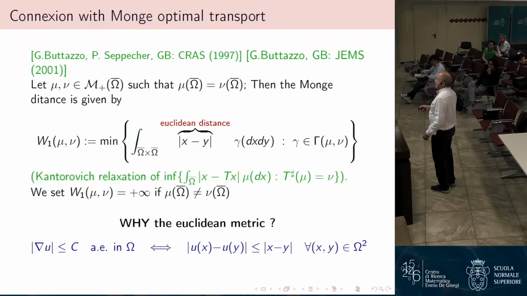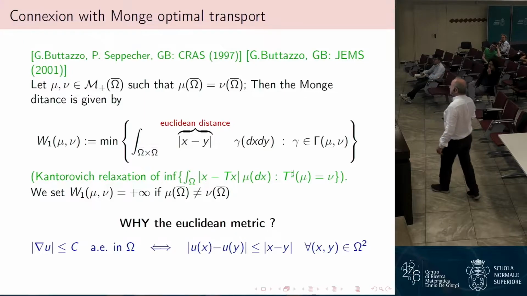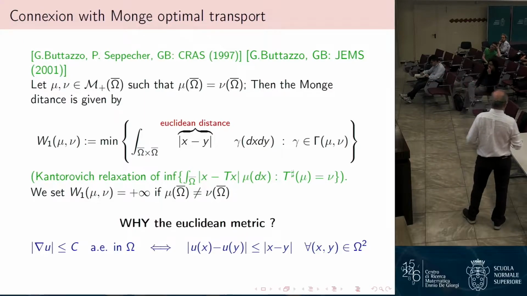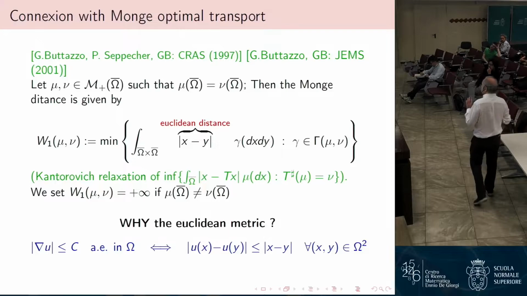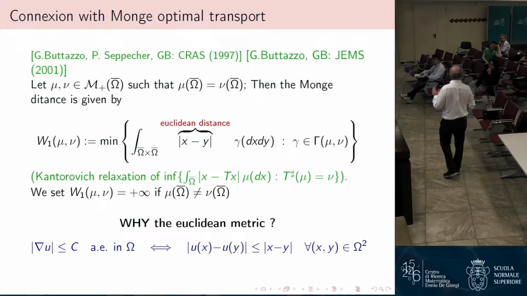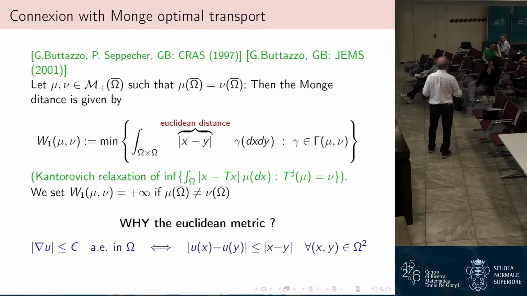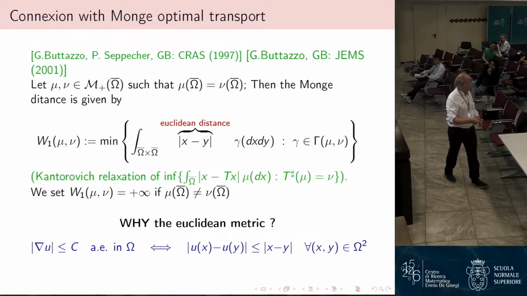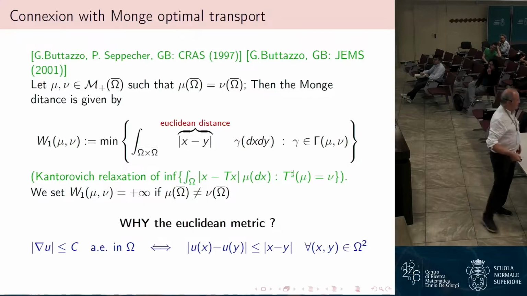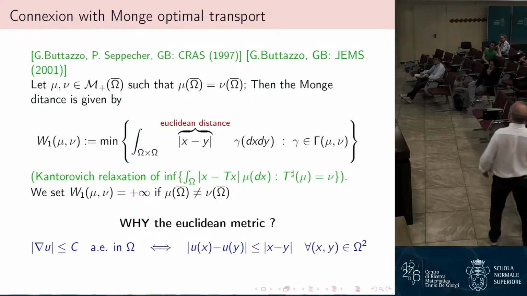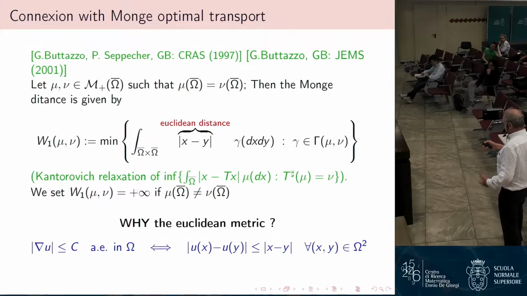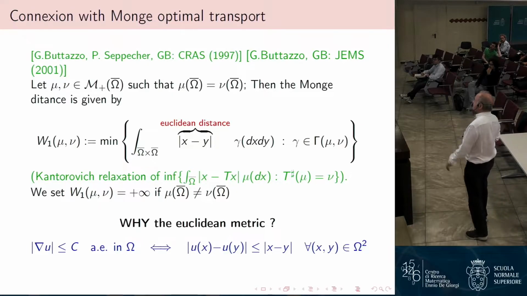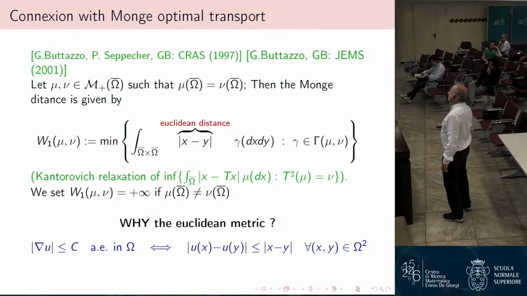Okay. More interesting is the link with optimal transport, because using this you can build explicit solutions without doing numerics. And sometimes numerics doesn't give the good shape when it is not smooth. It is what we discovered a long time ago, in '97, with Giuseppe and Pierre Seppecher.